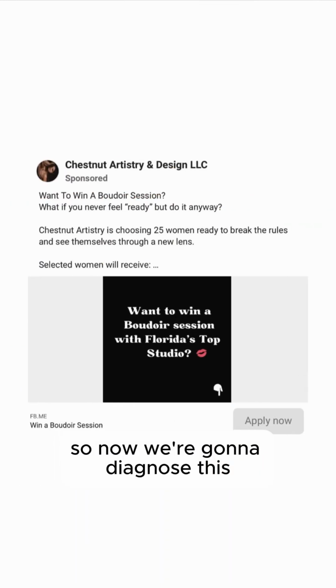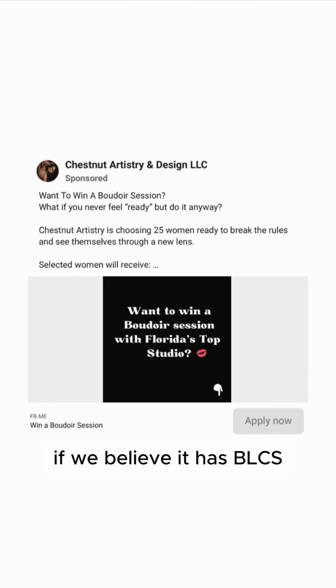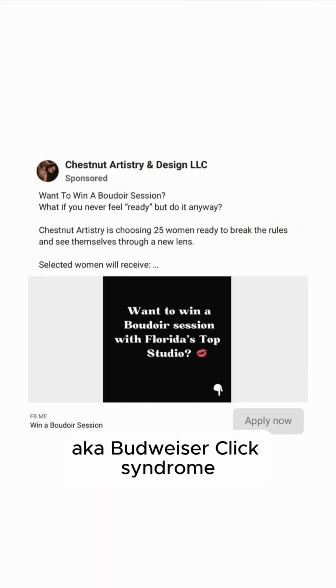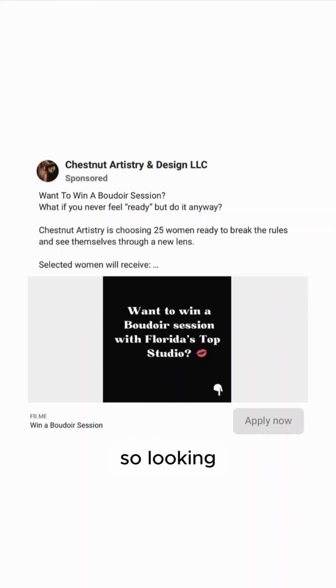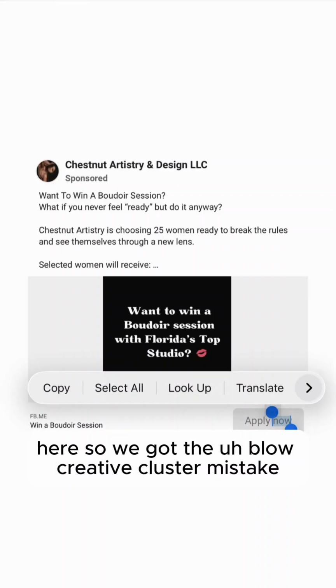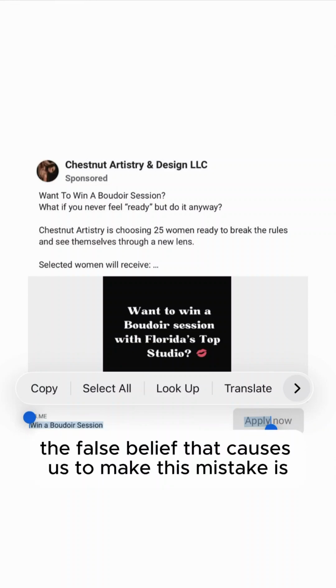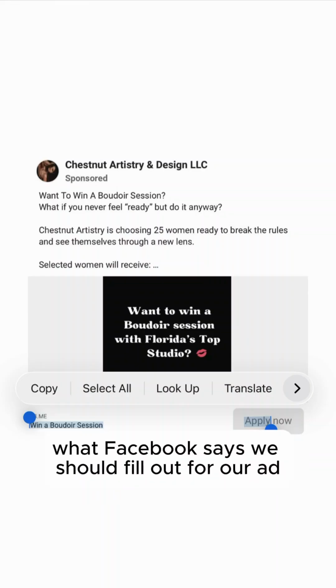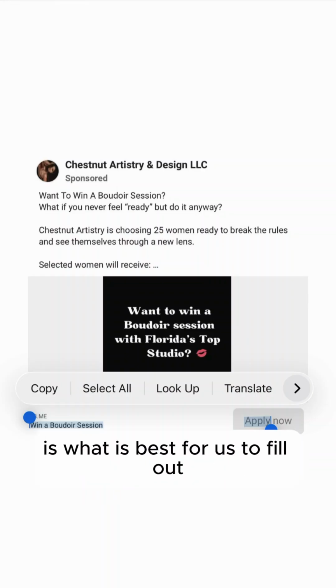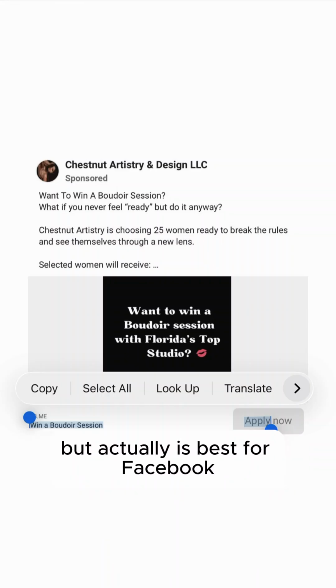Now we're going to diagnose this if we believe it has BLCS, aka Boudoir low click syndrome. So looking here, we got the below creative cluster mistake. The false belief that causes us to make this mistake is we're trusting what Facebook says we should fill out for our ad is what is best for us, but actually it's best for Facebook.